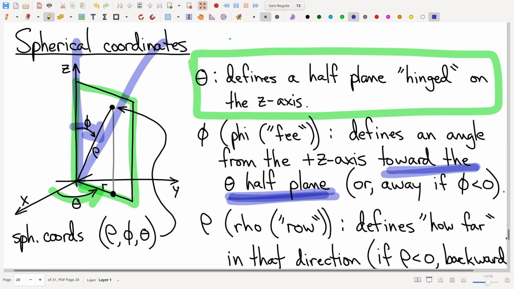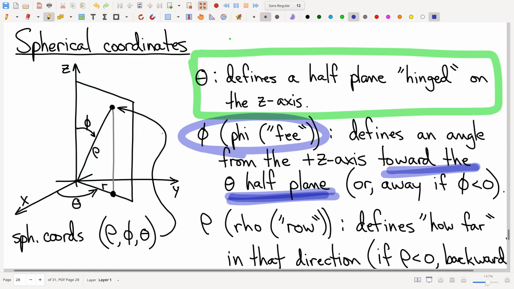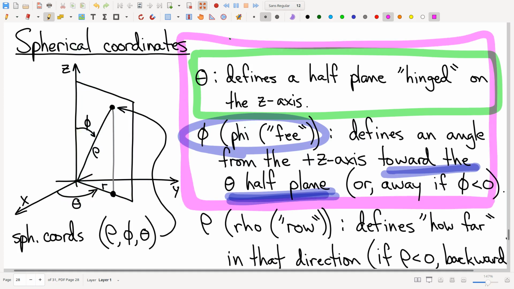So your theta defines this half plane that I have highlighted in green there, and then phi, this angle called phi, tells you how far to lean into that plane from straight up. And between the two of them, then that defines a direction. The two of these together define a direction.